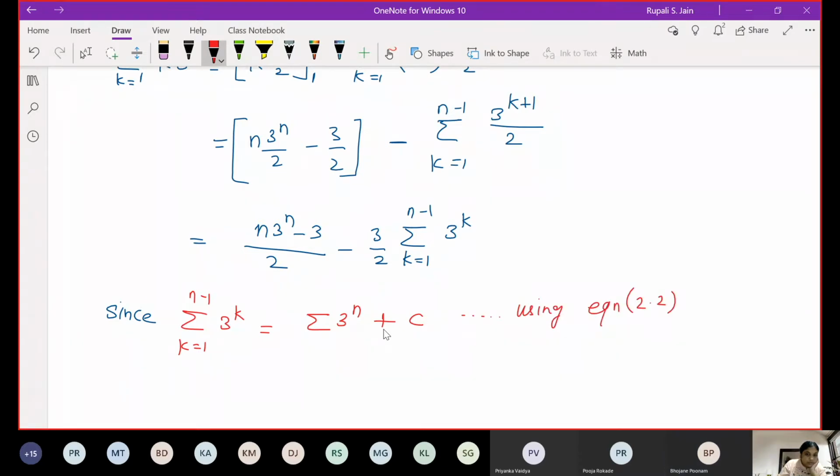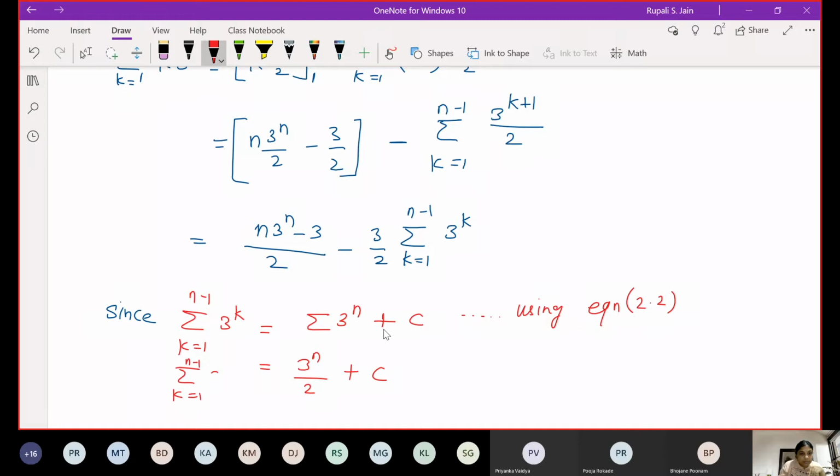We have already seen this, right? So what is the summation 3 raised to n? This is a finite sum, and we have written it in terms of the indefinite sum. Okay, so the indefinite sum of 3 raised to n is 3 raised to n divided by 3 minus 1, which means 2, plus c, right?